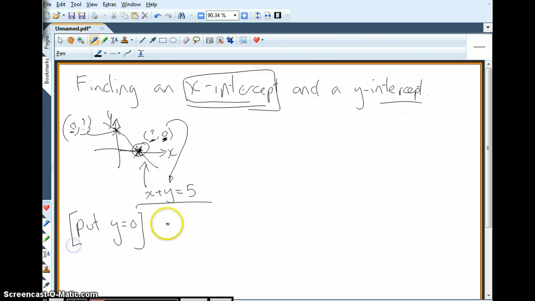Everywhere there is a y, put 0 and then solve. The solving here is quite easy. What's the value of x? 5. x plus 0 equals 5. x must be 5. Hence, the question mark is 5. 5, 0 is where it cuts the x-axis.